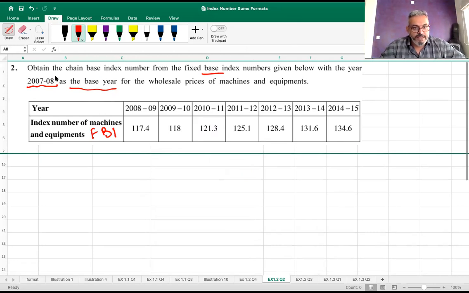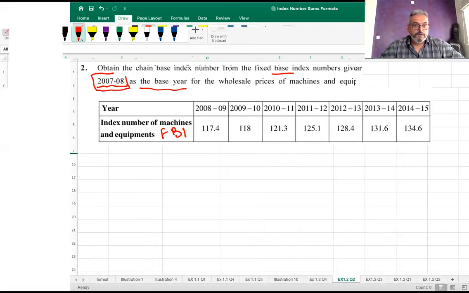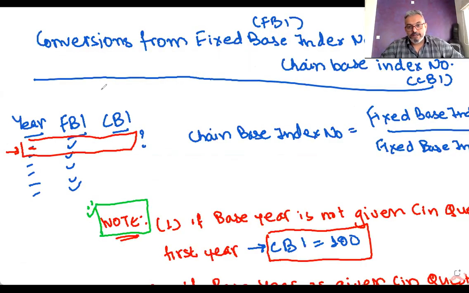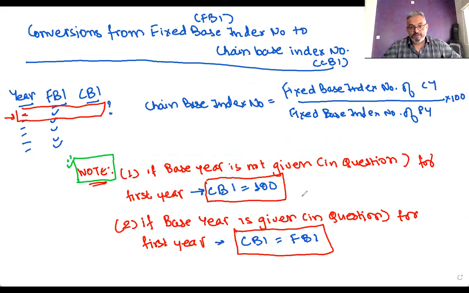Your base year is also given. If base year is given, we have written a note for it: if base year is given in the question, for the first year CBI is equal to FBI.